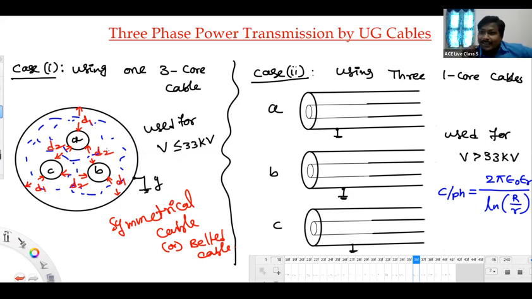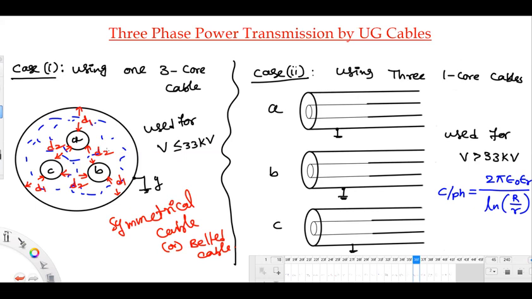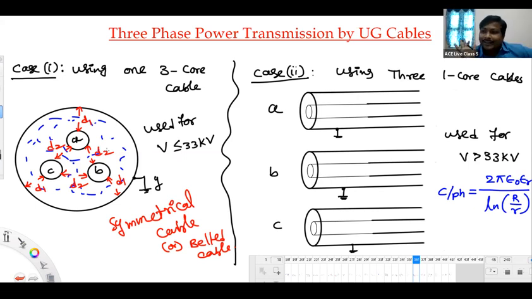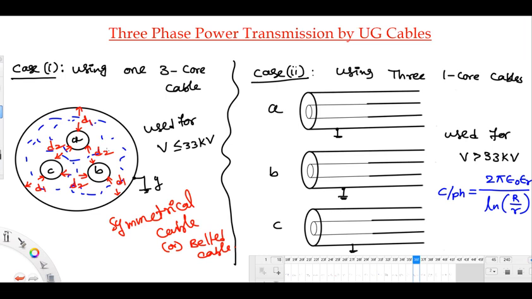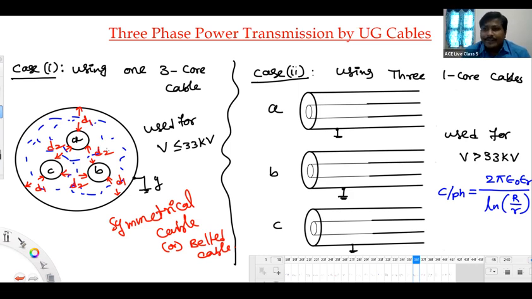Series inductance will be there, na? Yes. Series RL, shunt CG, as in an overhead line. For any conductor, not only an overhead line, even this wire also, will have series RL, shunt CG. So that insulation resistance is the G value.